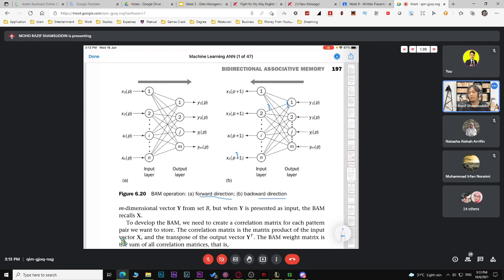But again, ultimately, when you want to solve a problem, you have to look back to your objective of your dataset. Dataset you nak buat apa sebenarnya? So your objective to solve your problem will determine which algorithm that you should use.